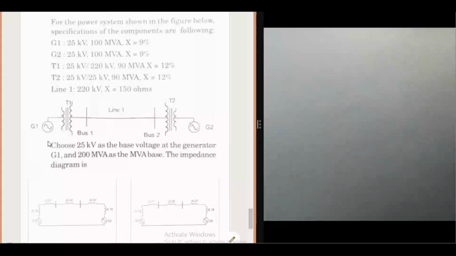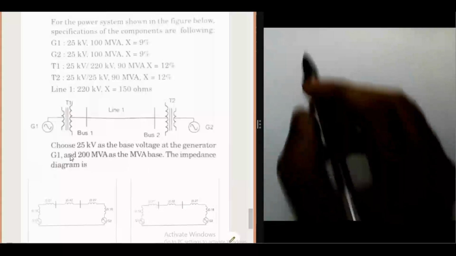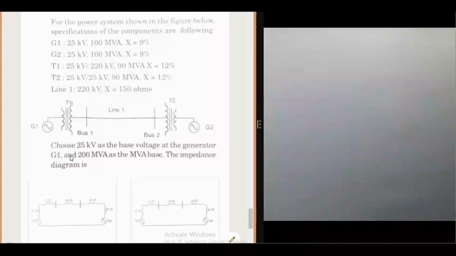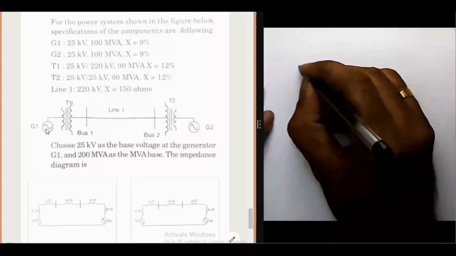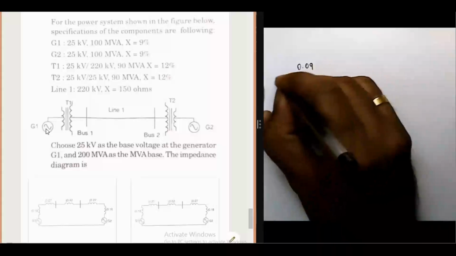I'm going to calculate the first element, generator 1. The generator 1 per unit old value is 0.09.